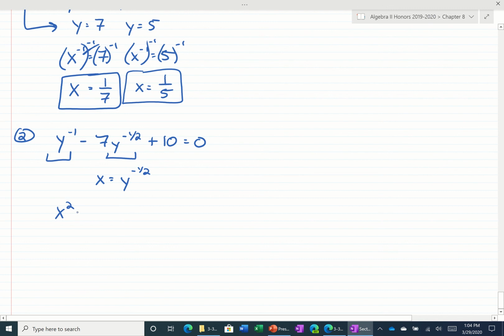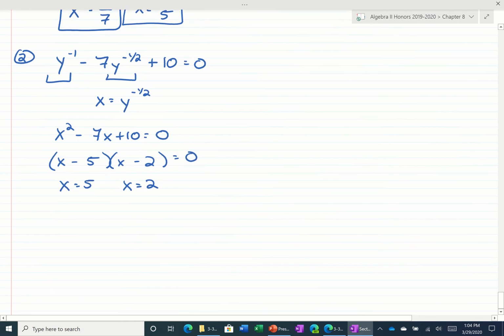So I would get x to the second minus 7x plus 10 is equal to 0. We could factor trinomials. It would be negative 5 and negative 2. x would be 5 and x would be 2. And then we could substitute y to the negative 1/2 back in.